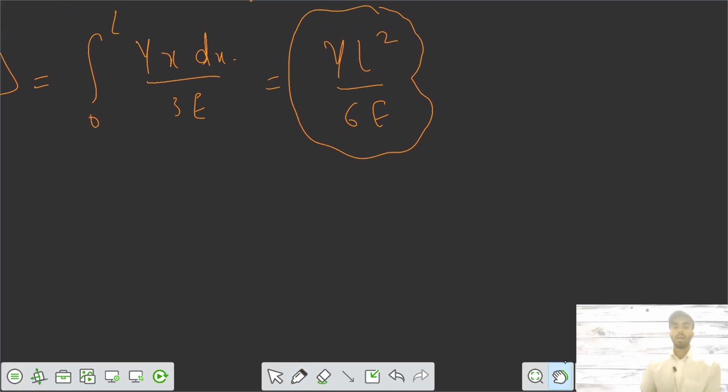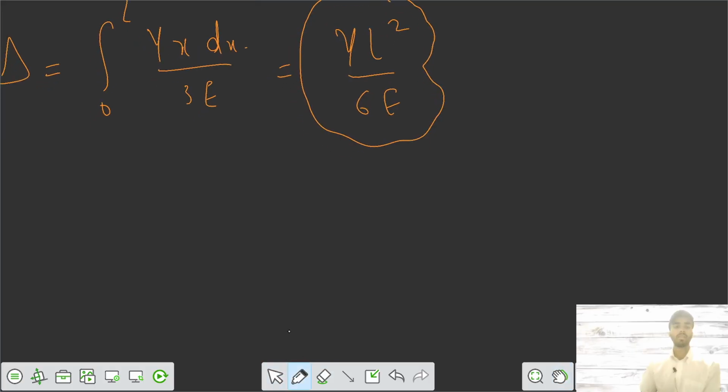If you write it in terms of the weight of the body W, weight equals gamma into volume, and the volume is A into L by 3.